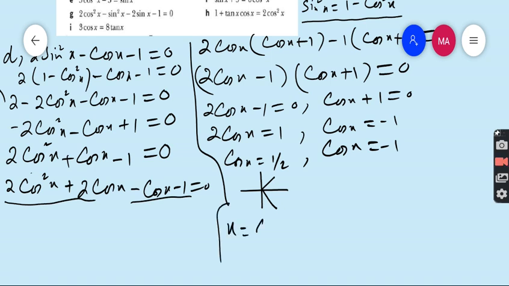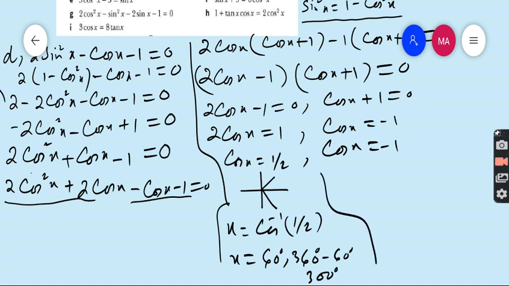So x is equal to cos inverse 1 upon 2. From your calculator, you will get the value 60 degrees. And for the fourth quadrant, you should subtract this value from 360 degrees. You will have 300 degrees.